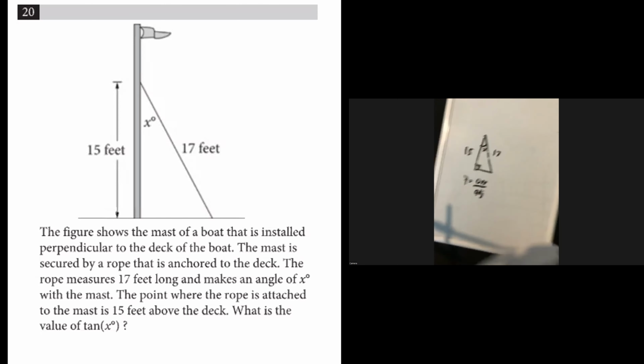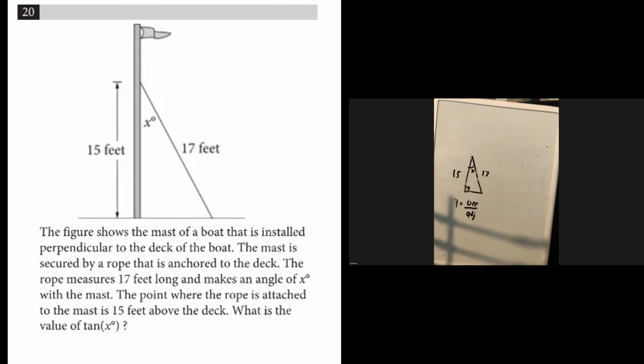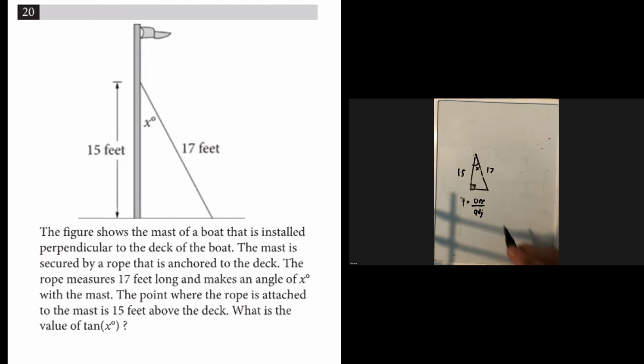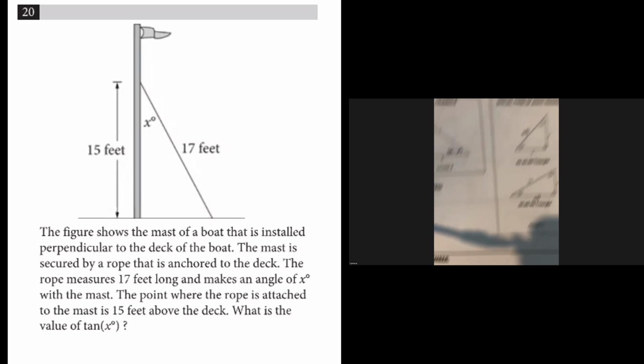So let me just write them down. In right triangles, there's a lot of common triplets that happen, like a 3, 4, 5 triangle or a 6, 8, 10 triangle. And so this is actually an 8, 15, 17 triangle. Using the common triplets, we can figure out that this is an 8, 15, 17 triangle.